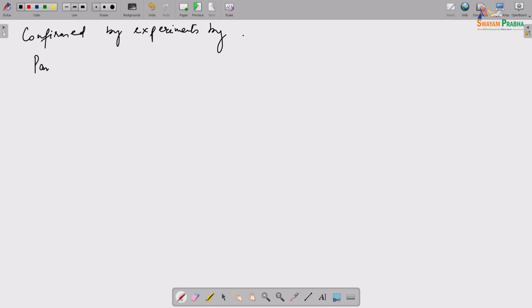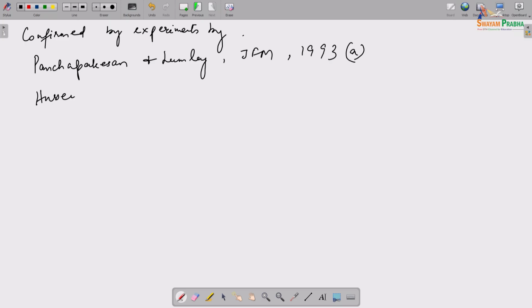by Panchapakesan and Lumley in the JFM paper, 1993. This was the first part, and by Hussain, that was also in JFM, I think, in 1994.